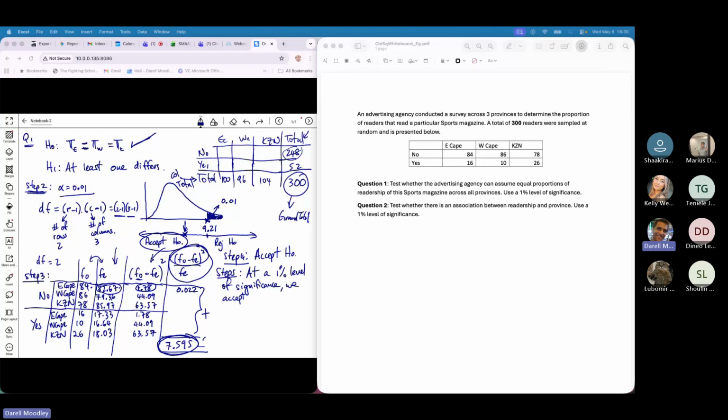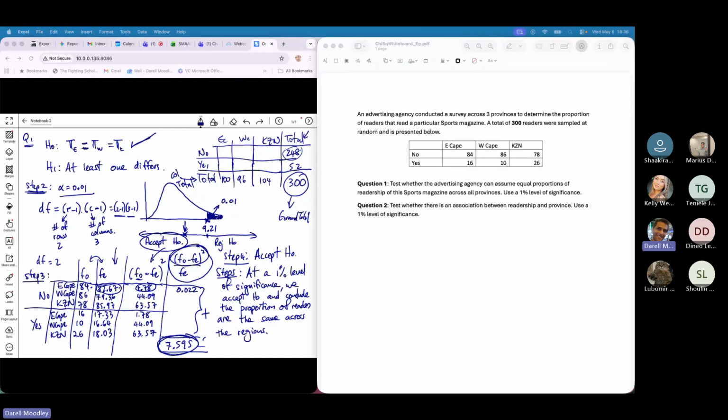Both are fine. We accept H0 and conclude that the proportion of readers are the same across all provinces, across the regions. This is how you'd answer this question for your final step.